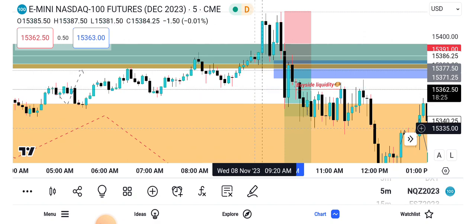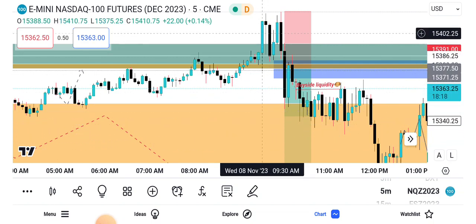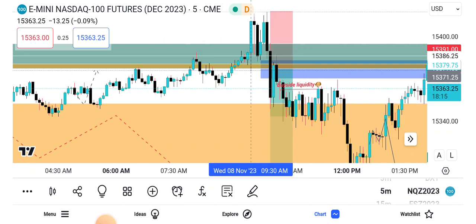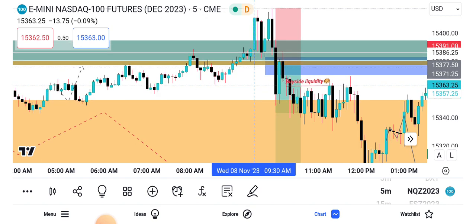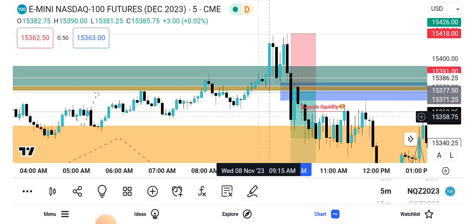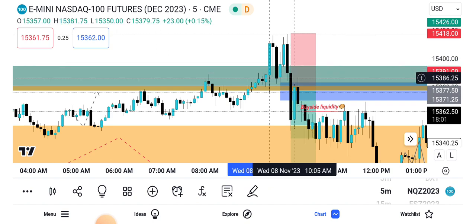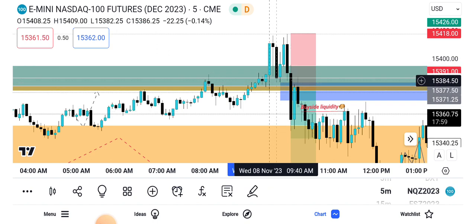You see there, at 9:15 there was not much effect, but at 9:30 the market rallied up, took the previous day PM session liquidity, then rallied down, came up, took the liquidity here, liquidity there, and then rallied sharply, creating a market structure shift.